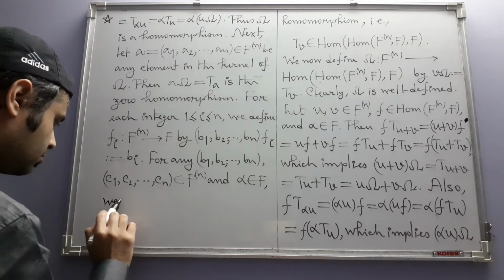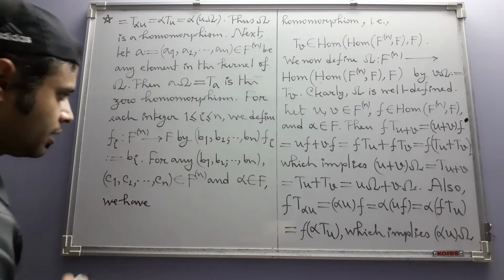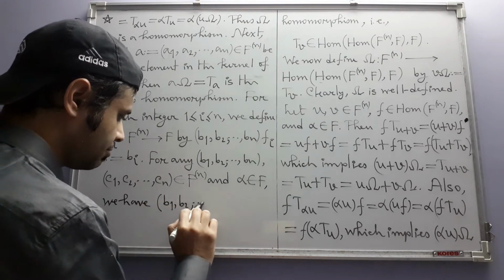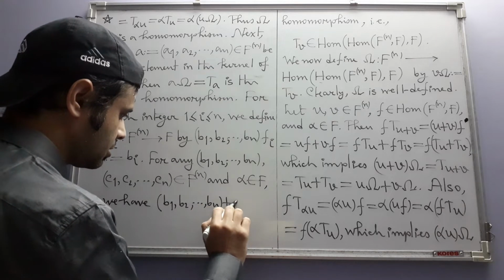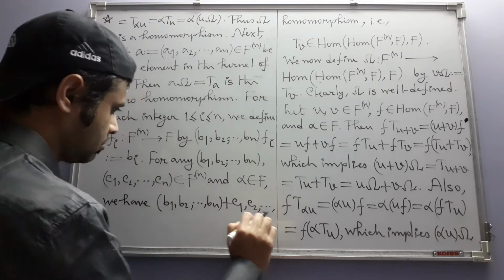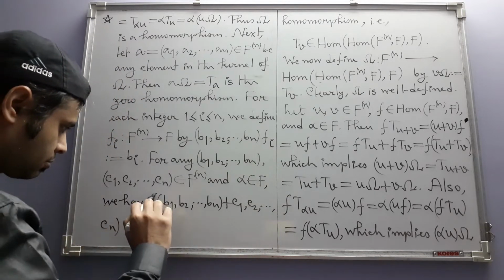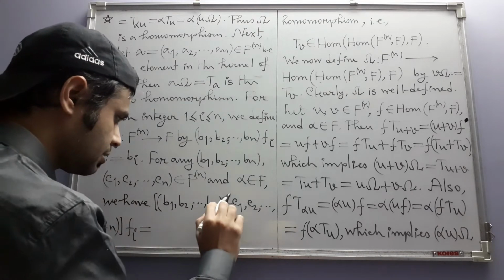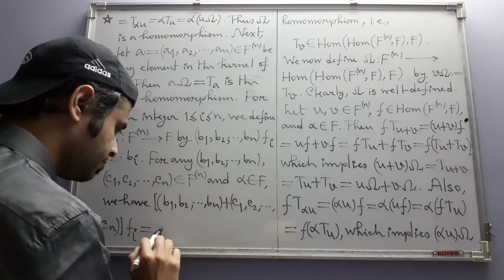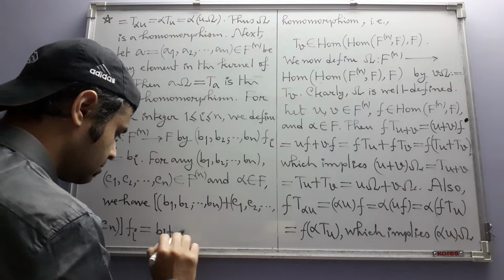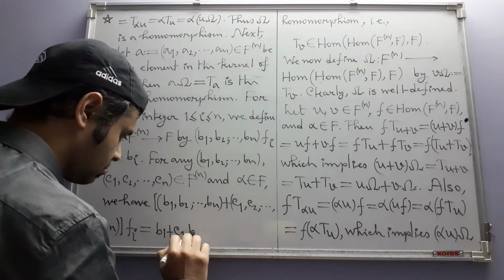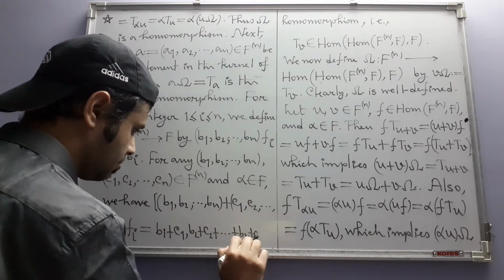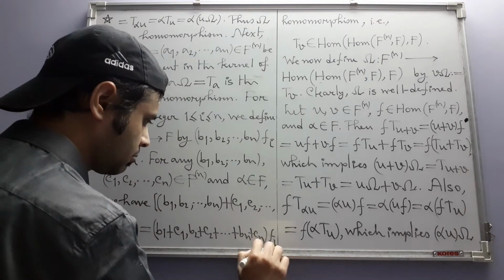We have, what happens when we apply Fi to the sum. We know that inside Fi, the sum in the argument will be b1 plus c1, b2 plus c2, up to bn plus cn.